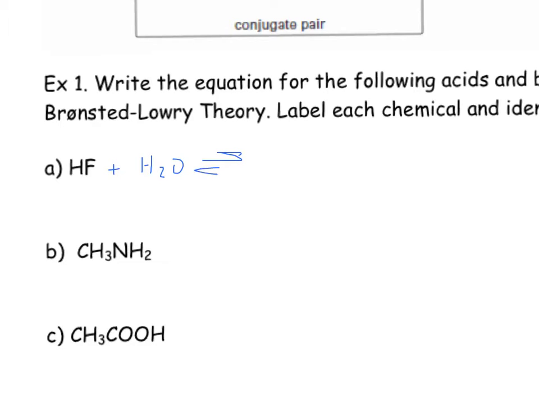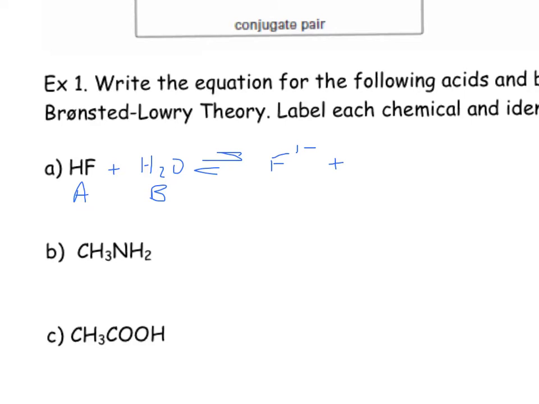and make an equilibrium. Because HF is an acid, that automatically makes my water the base. When HF donates its proton, an H+, it will have left over an F- charge.